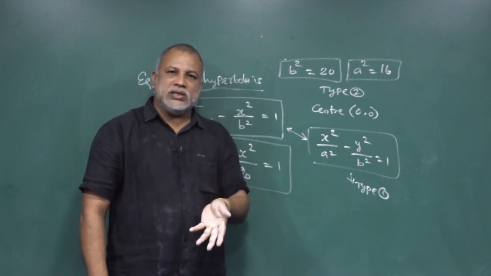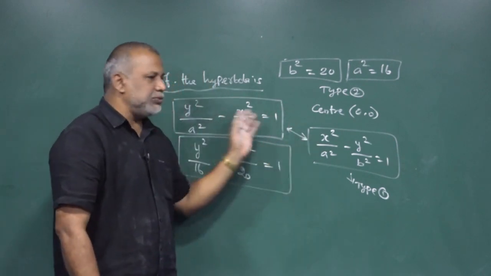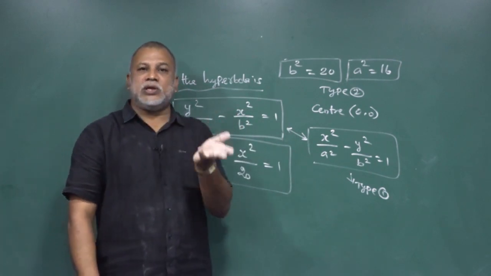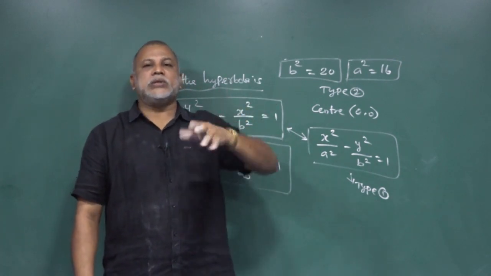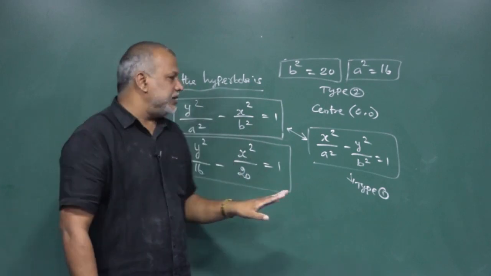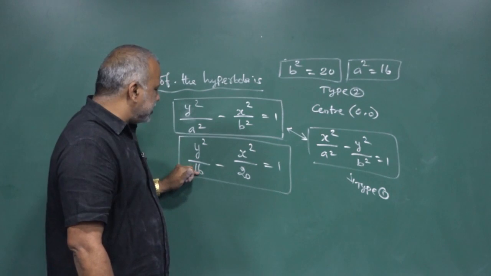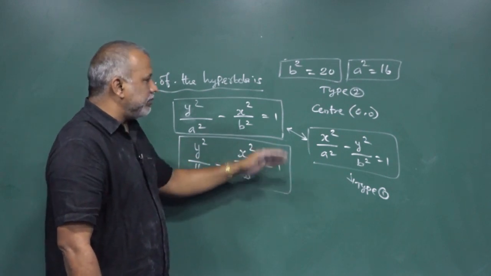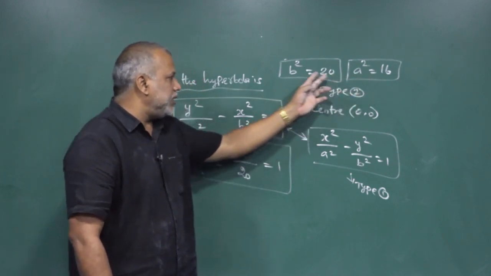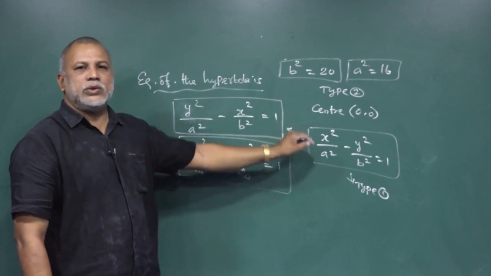If the center is the origin, use small x, small y. If the center is shifting from 0, 0 to some other place, then use capital X, capital Y. That is the only difference. So here it belongs to type 2. Then use y squared by a squared minus x squared by b squared. We already worked out a squared equal to 16, b squared equal to 20. Just substitute.